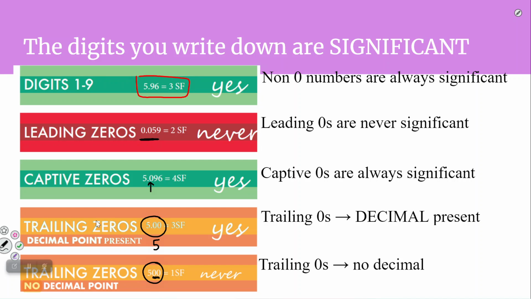Now, if I were to say 500 point like that, by adding that tiny simple decimal point, that is telling you these 2 zeros right here are measured, this one and this one. So 500 point is 3 significant figures, but 500 without a decimal point is only 1.